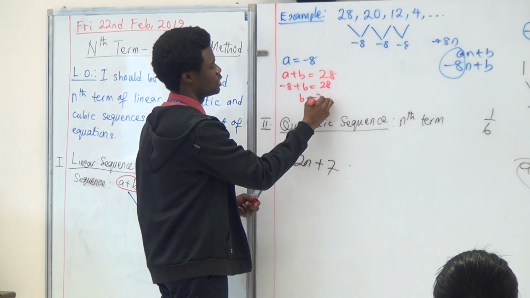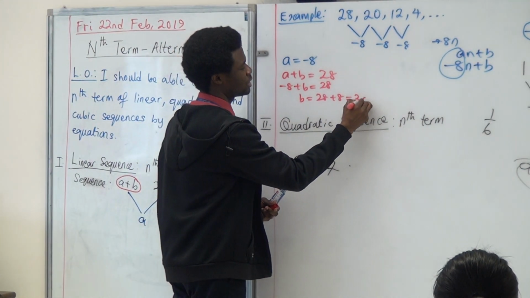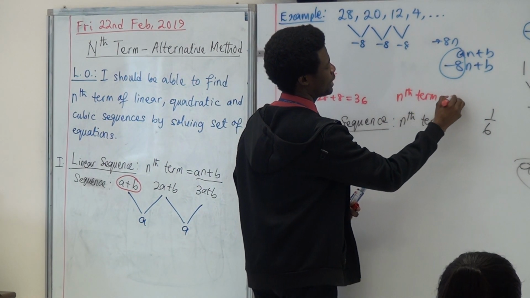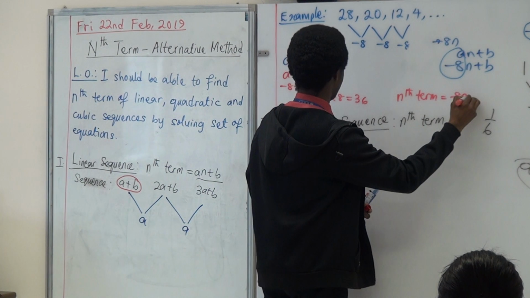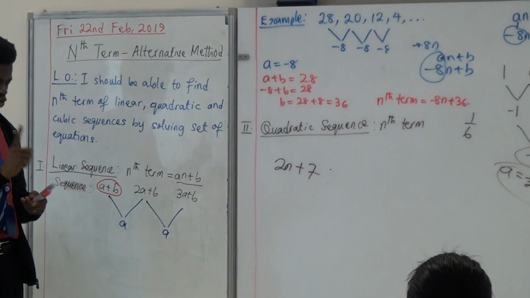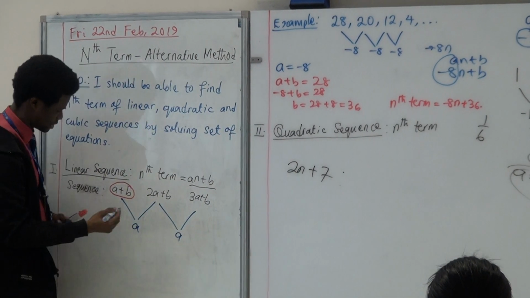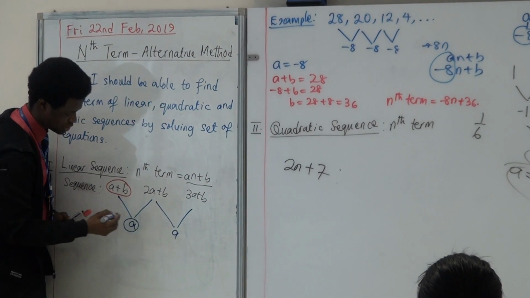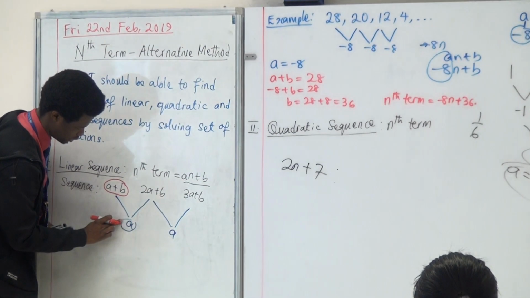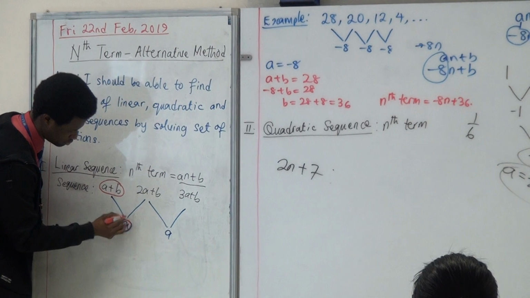Then my B is 28 plus 8, which is 36. So my n term is negative 8n plus 36. So the two equations you need to remember is that the difference is A and the first term is A plus B. The first term of your sequence is A plus B.